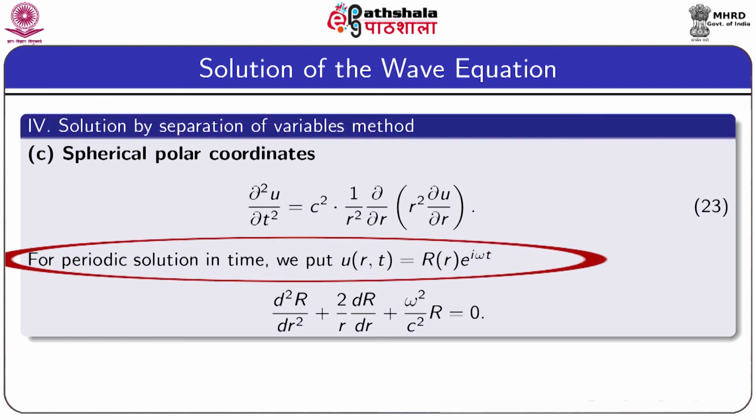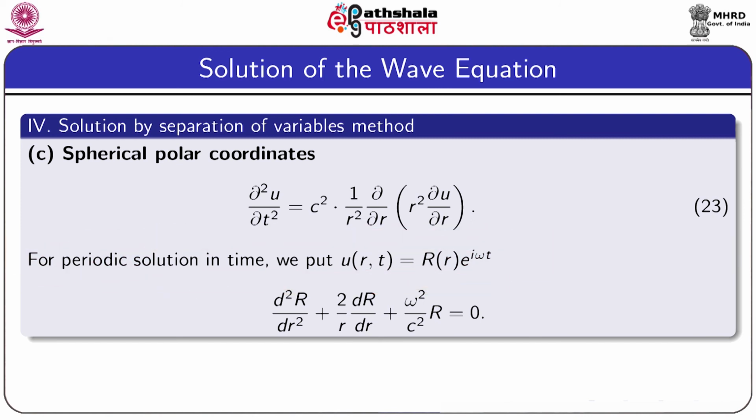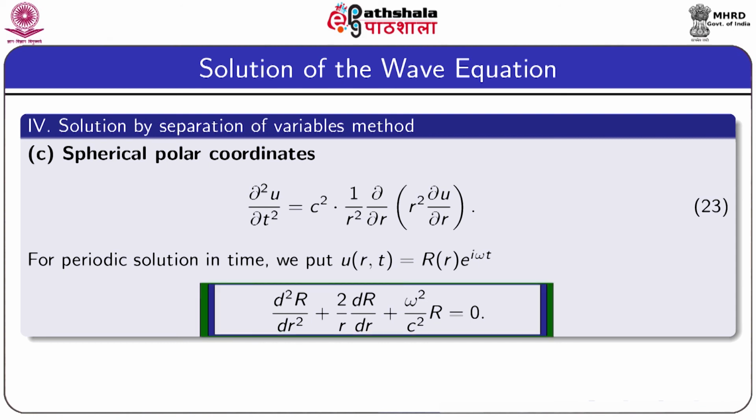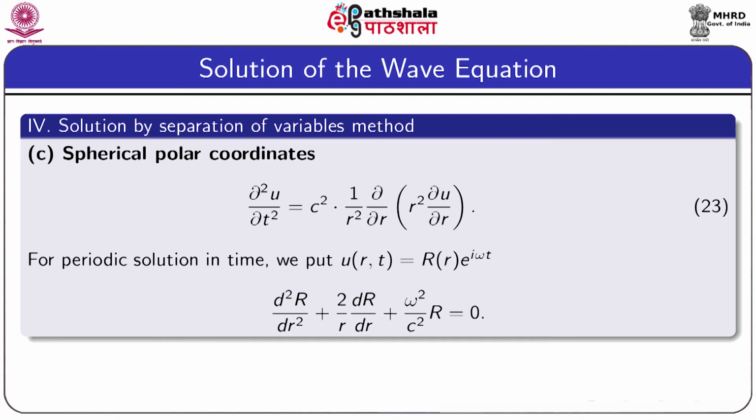For that purpose, we write u as some function capital R into e to the power i omega t. If you substitute this in 23, the R equation becomes d2R/dr squared plus 2 by r dR/dr plus omega square by c square R equals 0. This is not a Bessel equation, but with some transformation, this equation can be reduced to a Bessel equation.